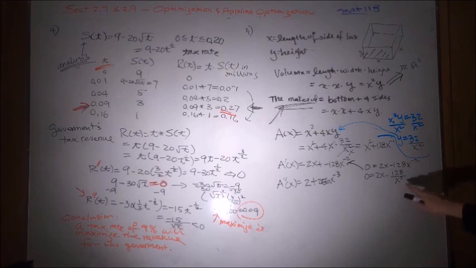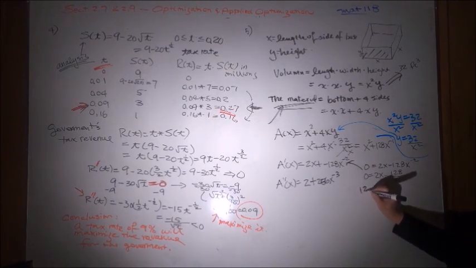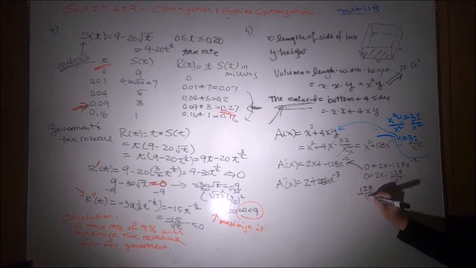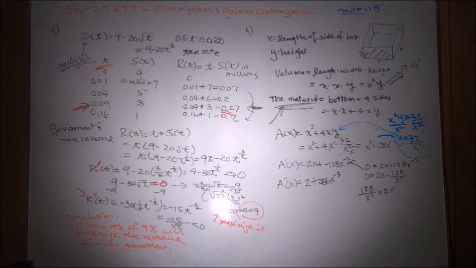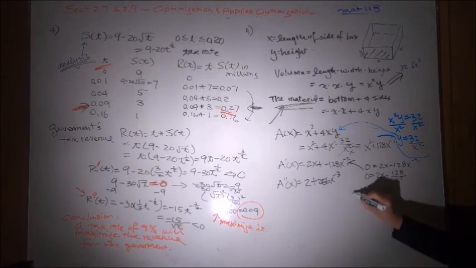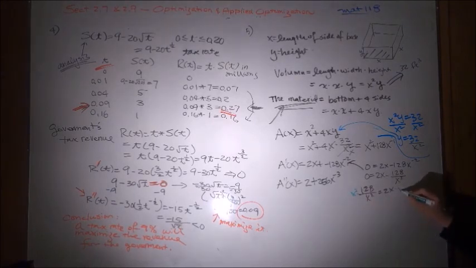Okay, so x is not 0 anyway, so let's just move over. 128 over x squared equals 2x, right? Then we multiply by x squared on both sides, so we can get rid of the denominators.